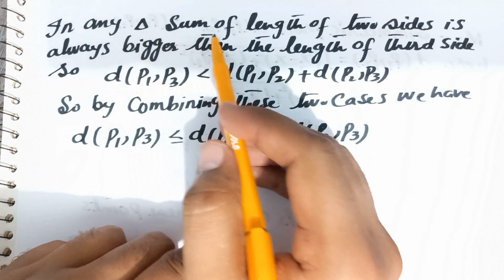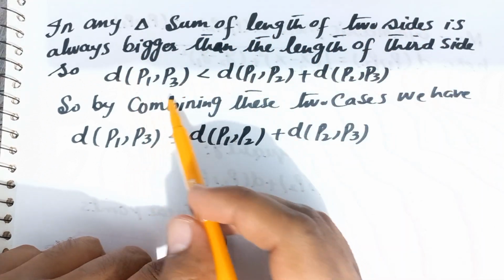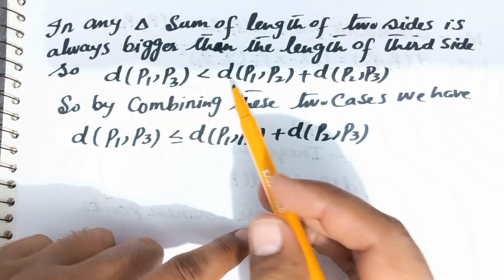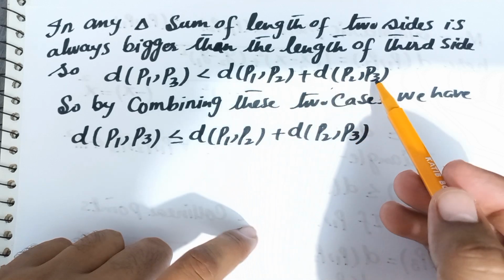So the distance of point P1 to P3 is always less than the sum of the distances of P1 to P2 plus P2 to P3.